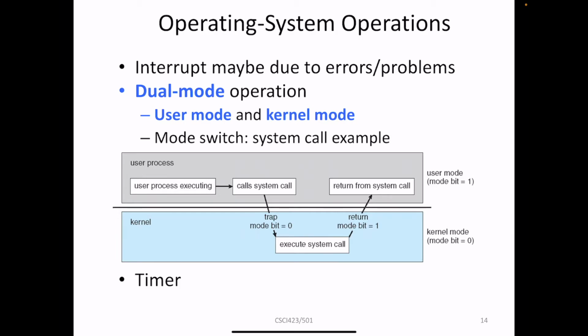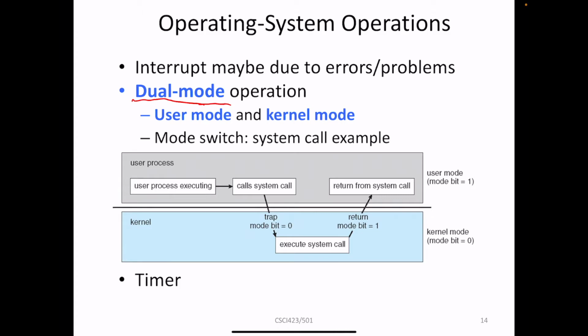The other type of operating system operation is called dual mode operation. In this type, there is one bit on the hardware to decide whether the current operation is in user mode or kernel mode. In user mode, the user can do very limited operations, which can never damage the system. For example, you can add some integers together or do some calculations.